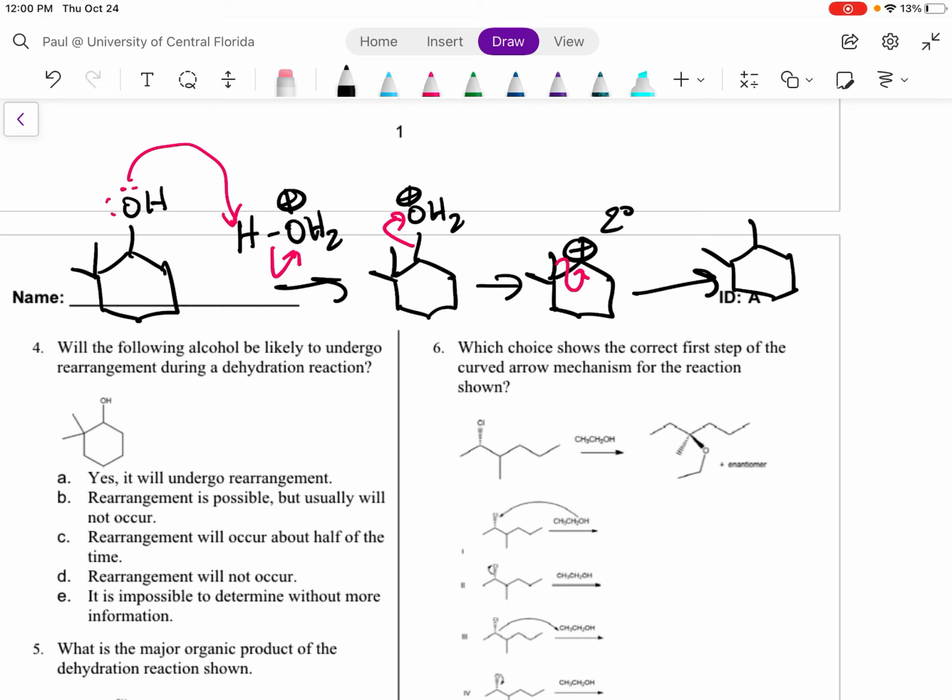It's going to be on this carbon right there. Okay, so yes, it can undergo it. Yes, it will undergo rearrangement to get that more stable tertiary carbocation. So that would be that one right there.